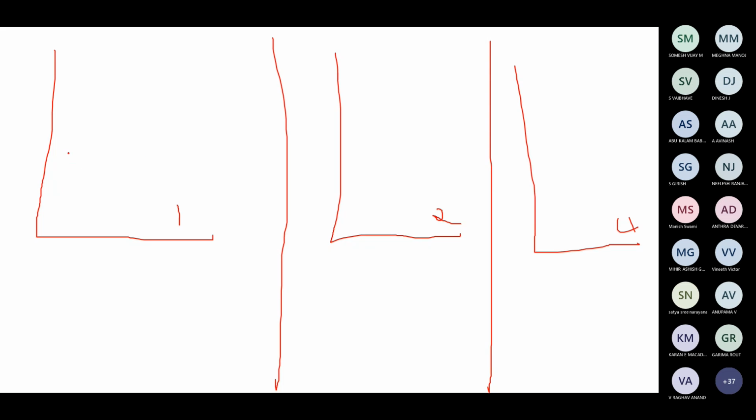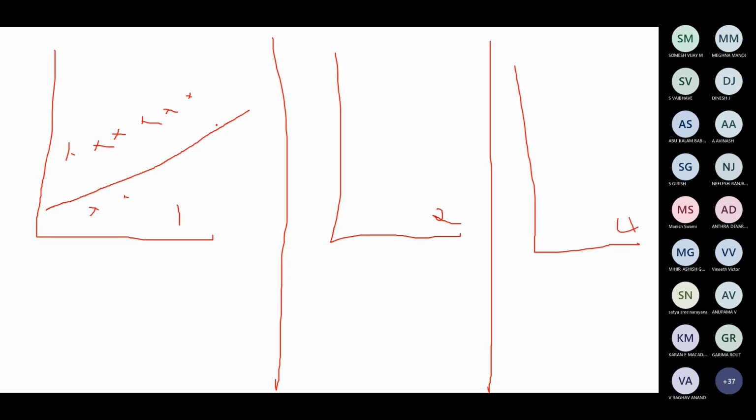Now, for a given set of data points, if I want to draw a line for a polynomial of degree 1, I will draw a straight line, something like this.